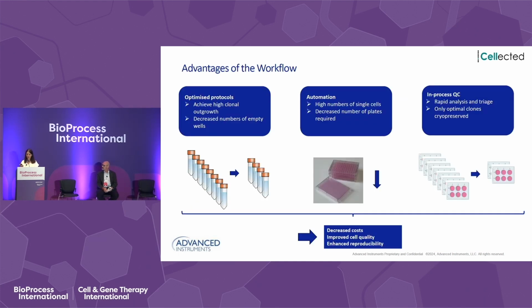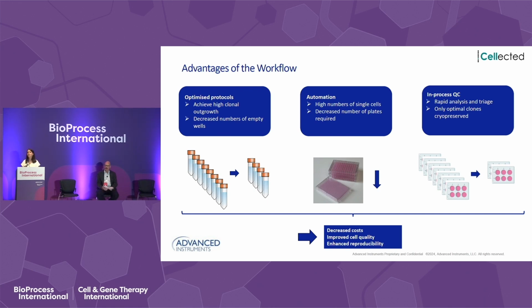So here I've outlined some of the key advantages of this rescue workflow. So the first is that it enables optimized protocols. So Selected have spent a very long time optimizing the protocols, especially using automation, and they can now achieve very high clonal outgrowth.